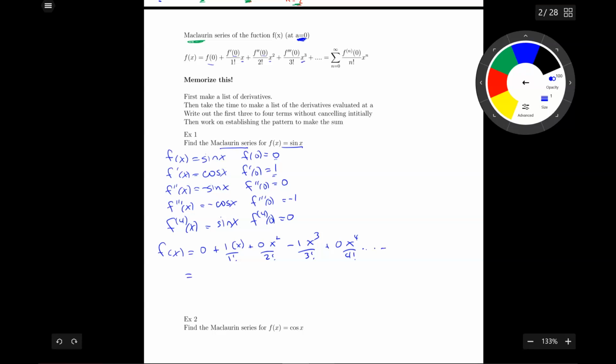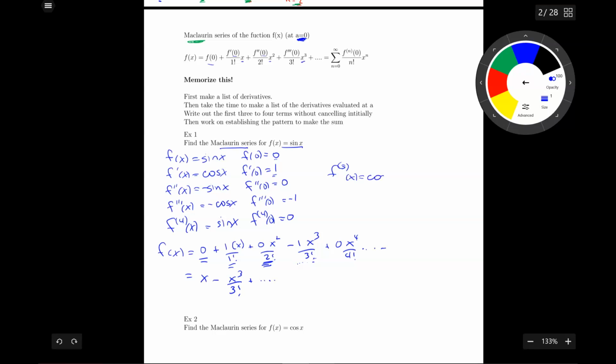Okay, get rid of the 0 term. So this just turns into x. That's gone, right? So it's gone, that's gone. Next term I have is this. So I have negative x cubed over 3 factorial plus, and then it keeps going. So I just have 2 terms, so I could, if I wanted to, go figure out the 5th derivative, right?